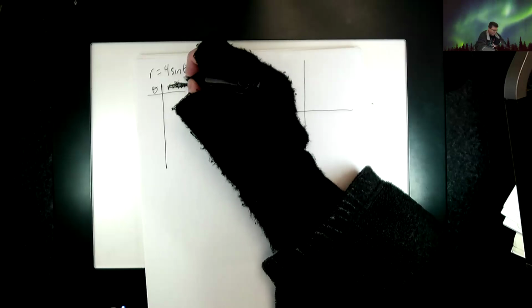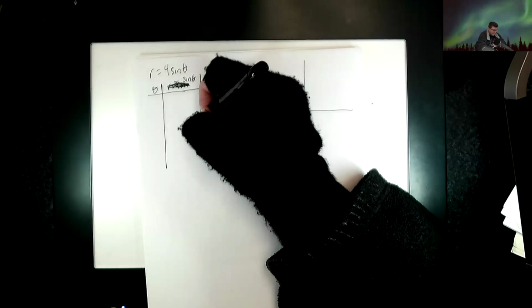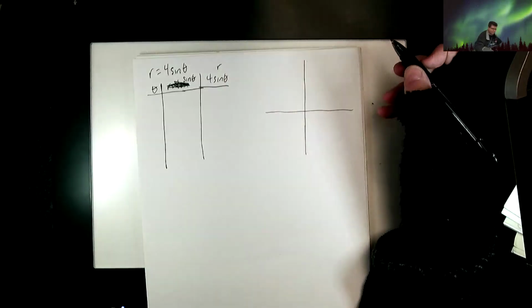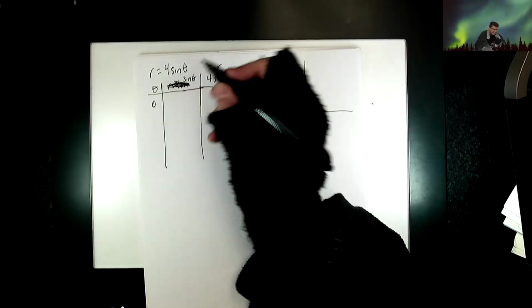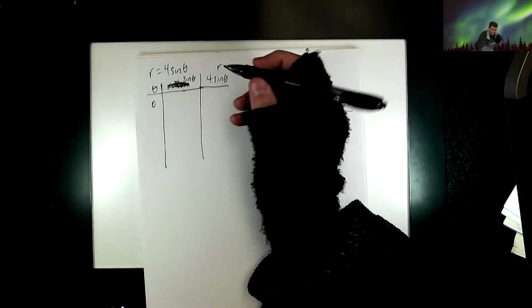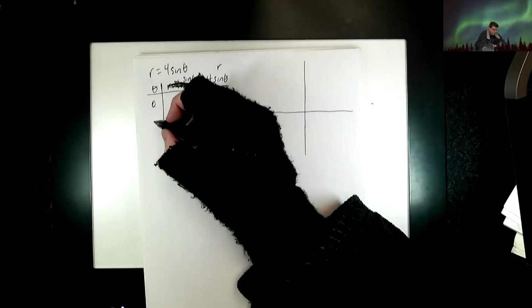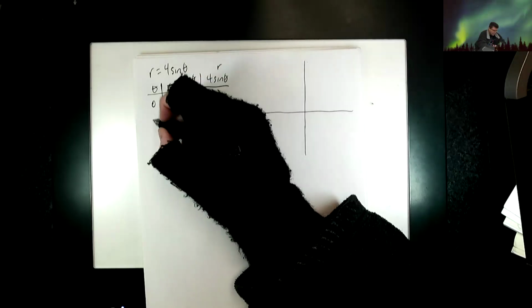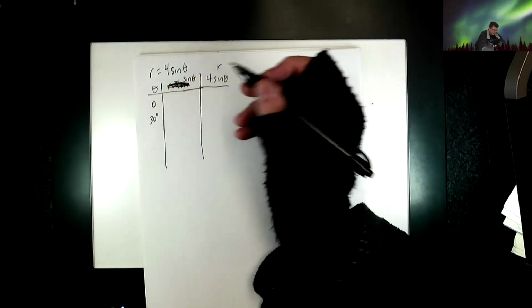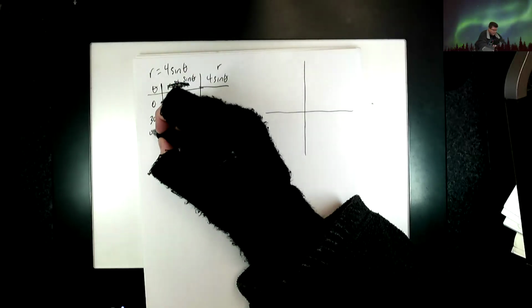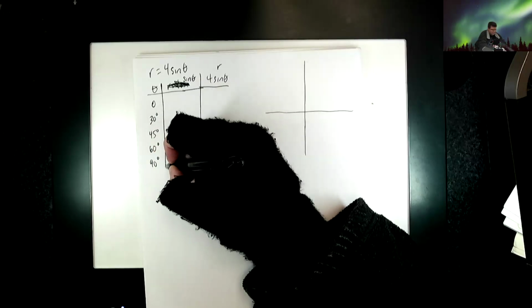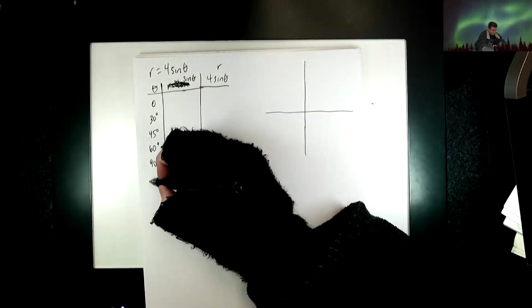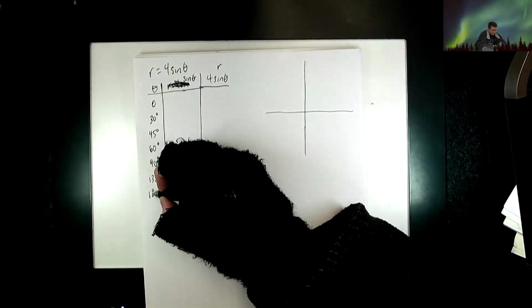It might even be more helpful to do a sine theta column first, and then a 4 sine theta column for r. I recommend doing radians because that's what we're doing. For quadrant 1, I'll just bust through some of these: 45, 60, 90. Maybe we'll look at 135 and 180. We'll see if we need more.